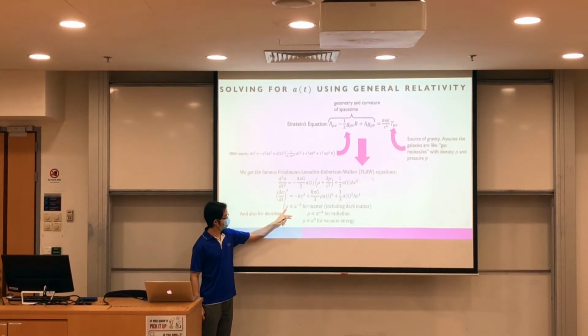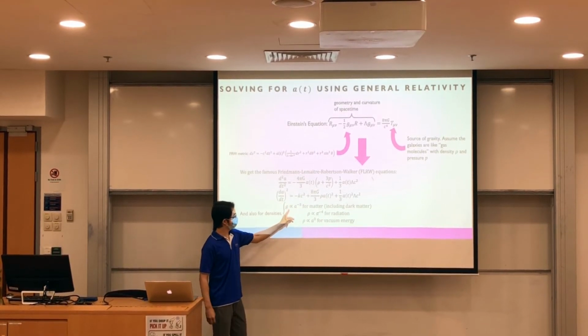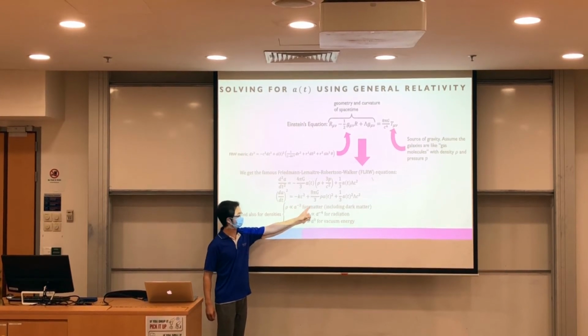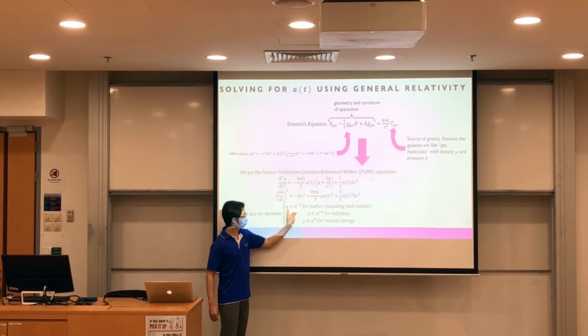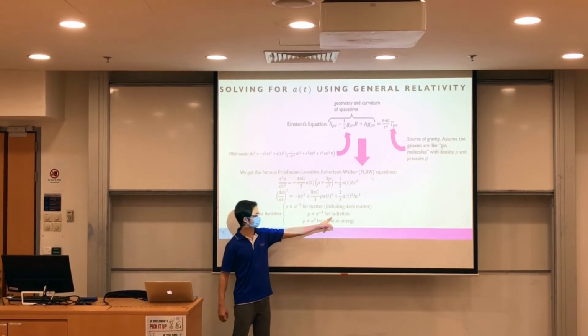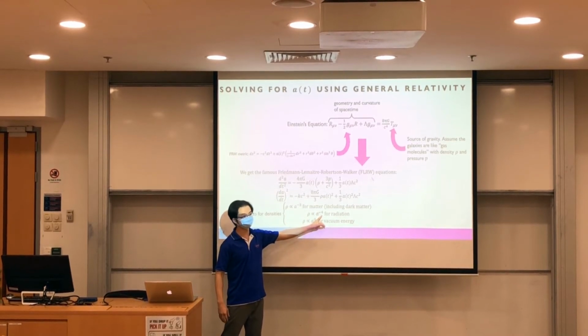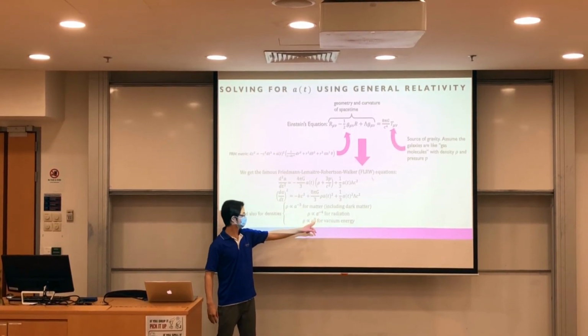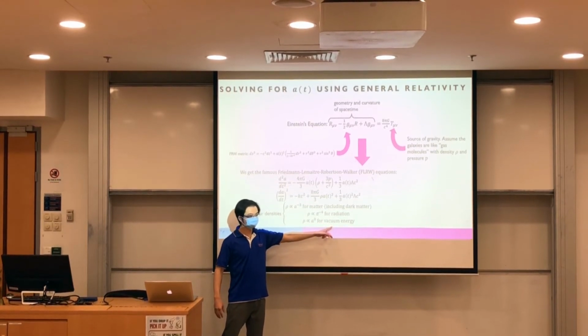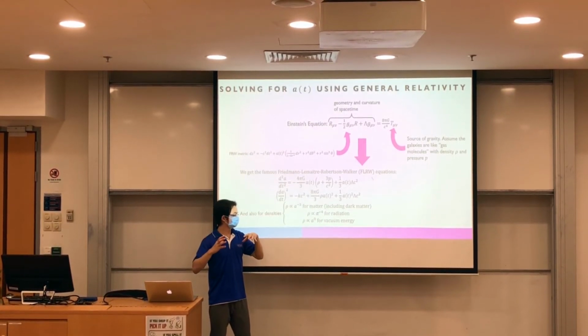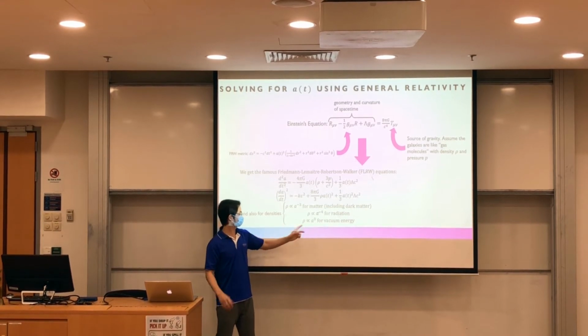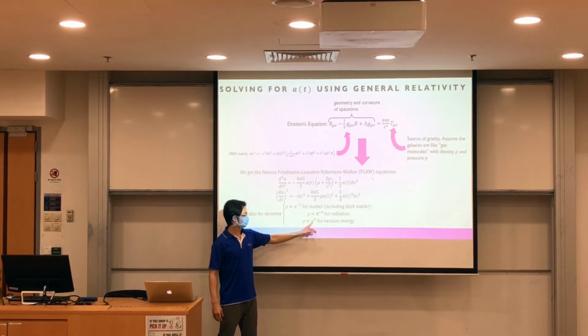The density as a function of the scale factor. In this case, the first density is the density of matter, including dark matter, and how it changes with the scale factor. The second one is the density of radiation, that means the EM radiation in the whole universe, and how it changes with the scale factor, as a to the minus 4. And for vacuum energy, which is the so-called dark energy, the energy in the empty universe, it is actually a constant density.